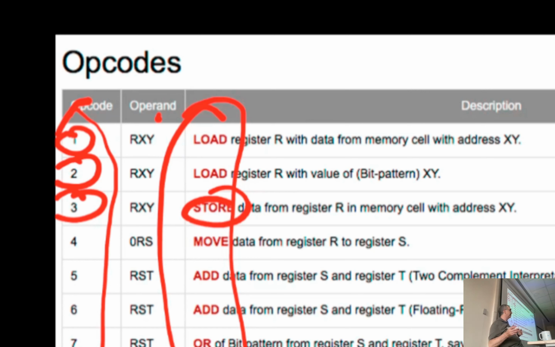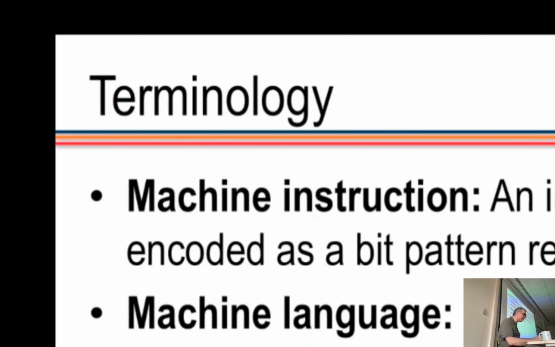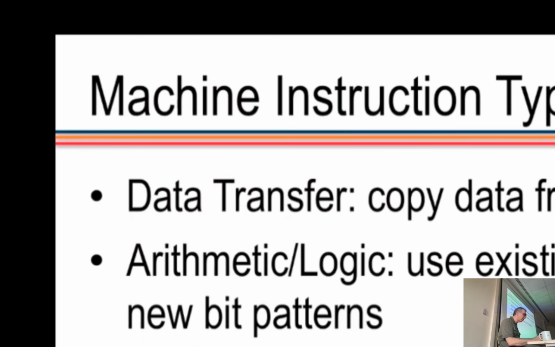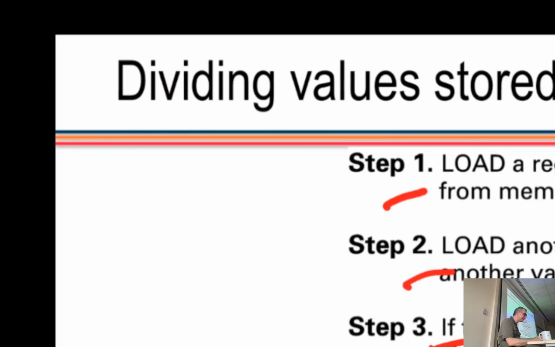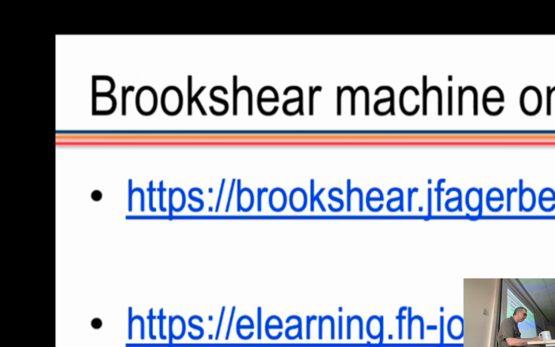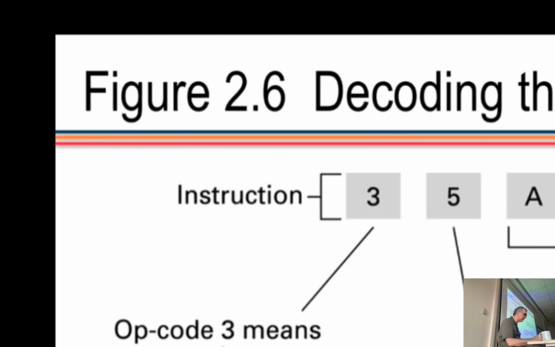That's it. You will be on your own. So this 3 means store, 5 means a register, A7 means the address. It's one piece of word.